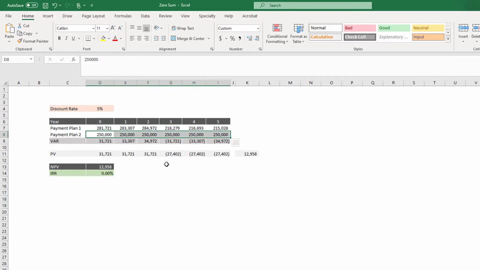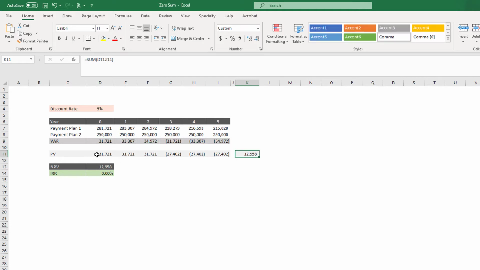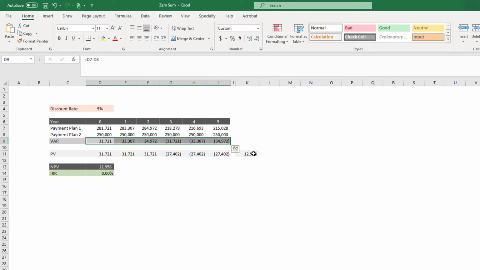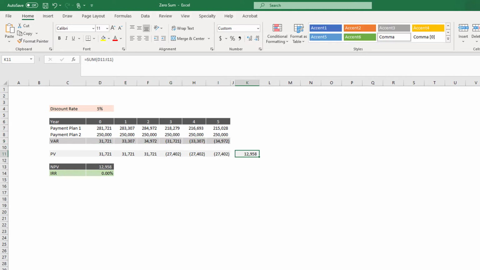And I just found the variance of these cash outflows for me, and I was trying to find out how to analyze this variance. And this is exactly the same problem I have here. So you see the NPV is 12,958 and your IRR is still 0.